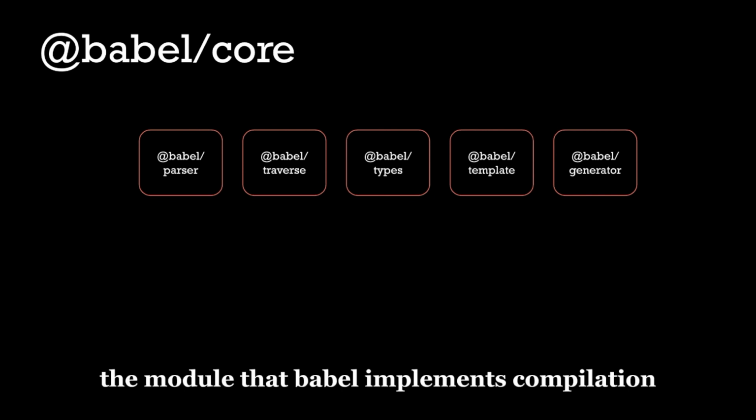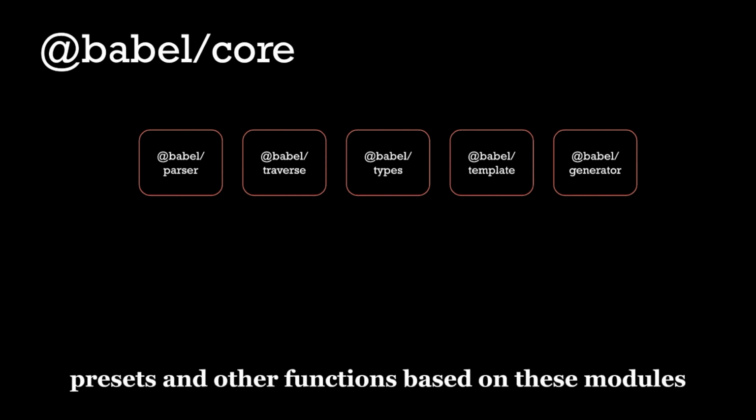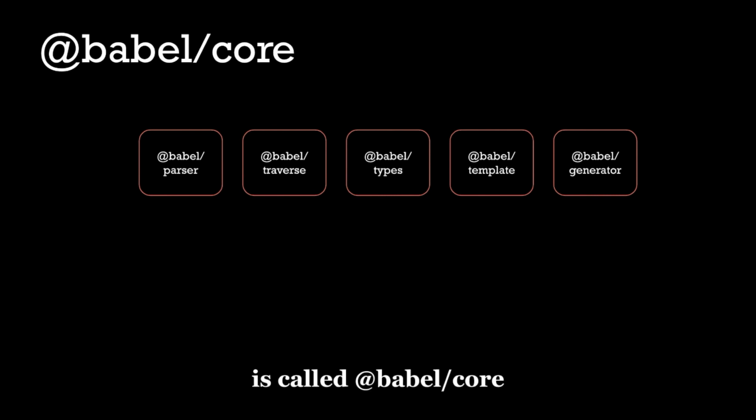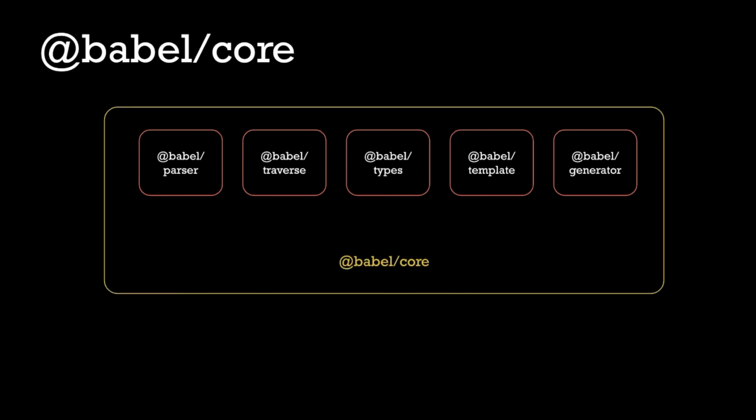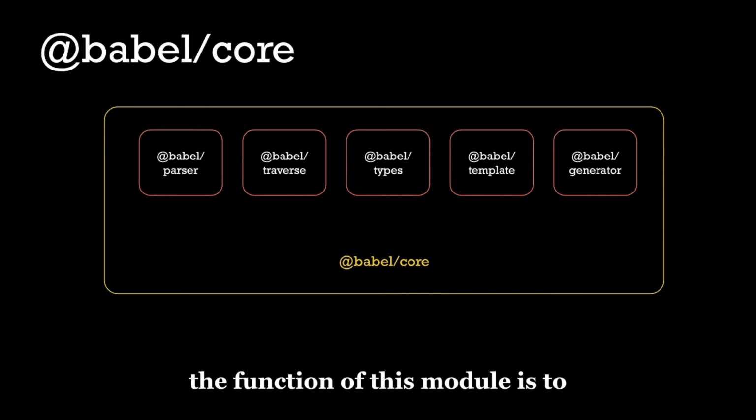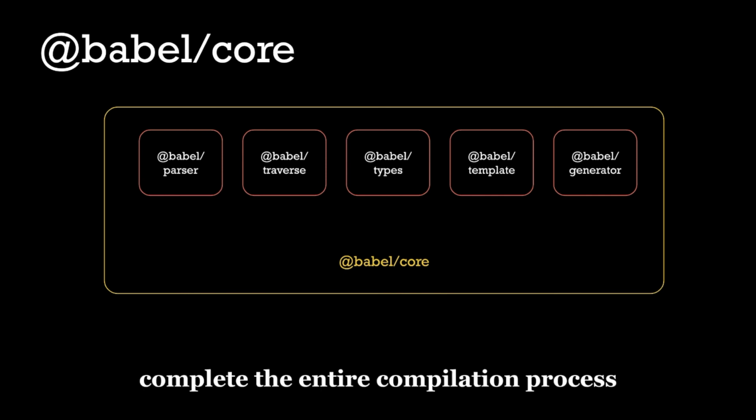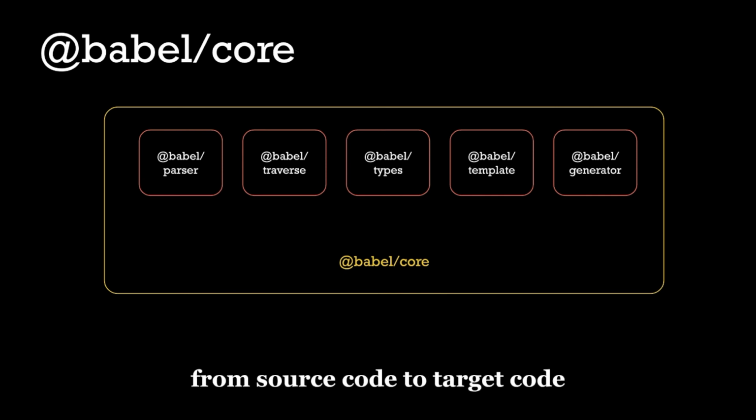The module that Babel implements compilation, plugins, presets, and other functions based on these modules is called Babel core. The function of this module is to complete the entire compilation process from source code to target code and generate source map, implement plugin and preset calls.